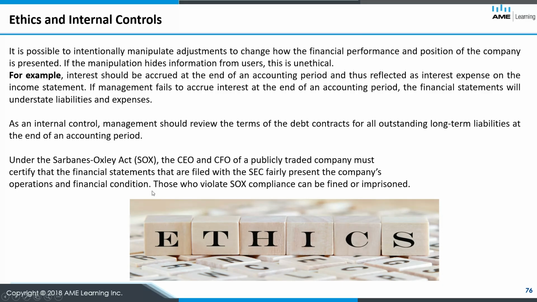In other words, there are no significant misrepresentations. And if the CEO and CFO are violating those or lying about that information, they can specifically be fined or imprisoned, white collar crime type stuff, if they are doing something fraudulent.